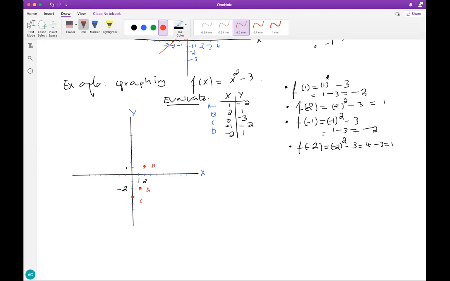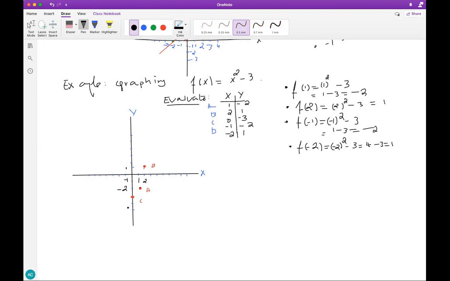Then we have -1, -2. Start from -1, which will be here on the left side. And where do you go from there? -2 on the y-axis. That's right. We're going to start from here, go down twice. Go down right over here.